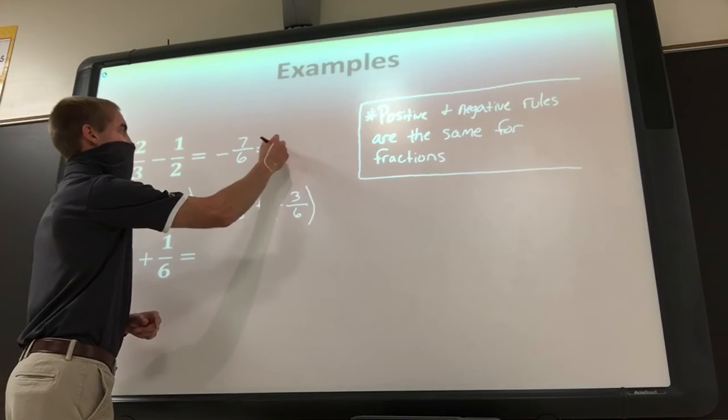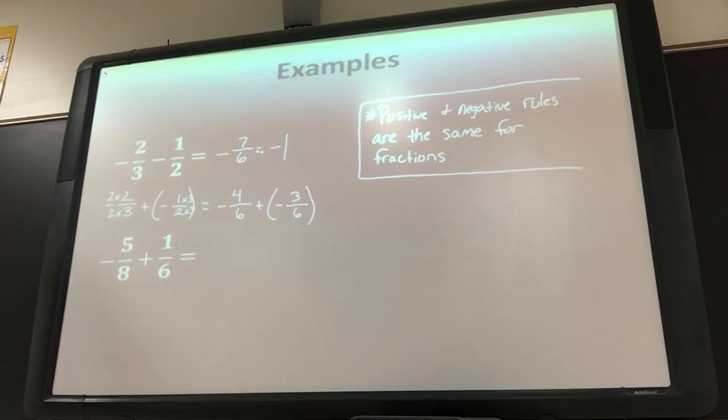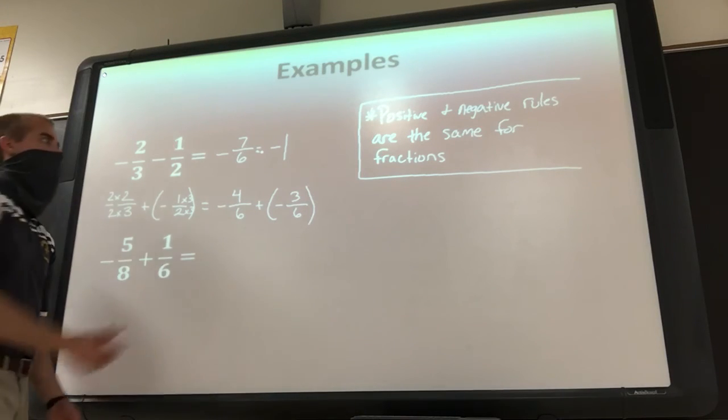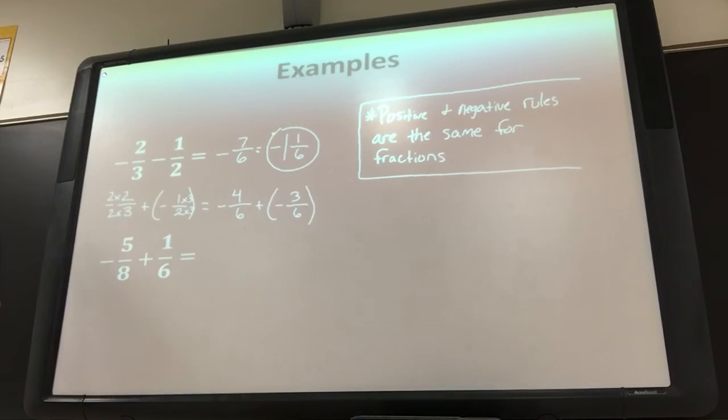So we need to keep this as negative 1. And then if we take 6 away from 7, how much are we left over with? 1/6. Yep. So negative 1 and 1/6 would be our answer. So we're still following those same addition and subtraction rules like we did last week.